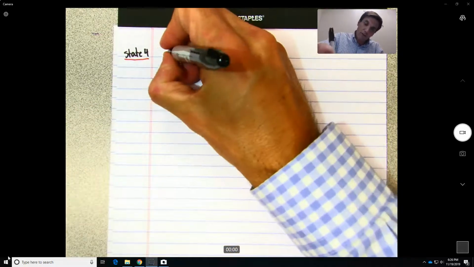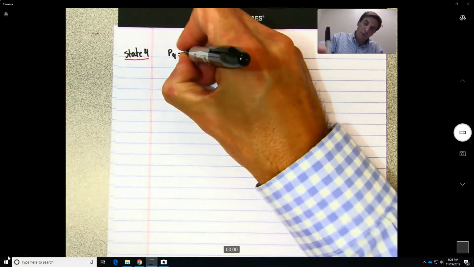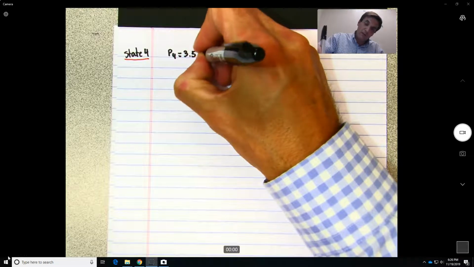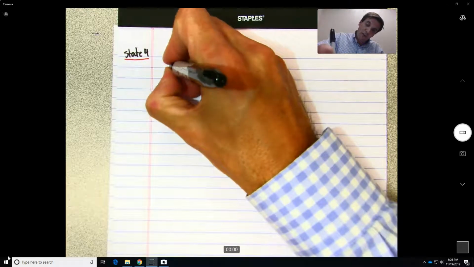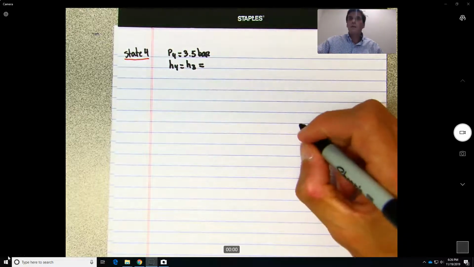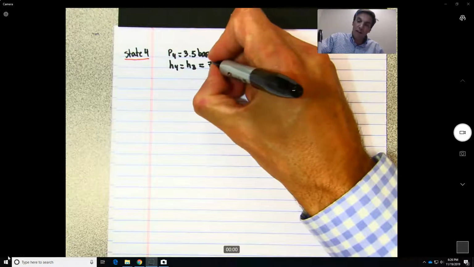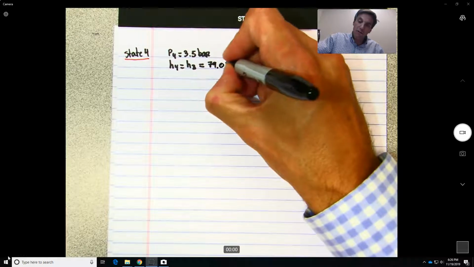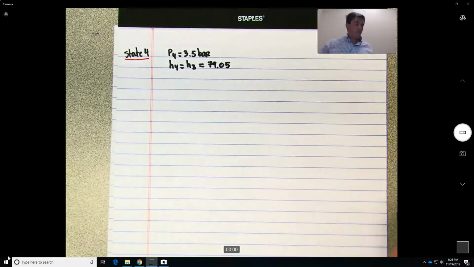We know that P4 is 3.5 bars, and we know that H4 will be equal to H3, which is equal to 79.05.